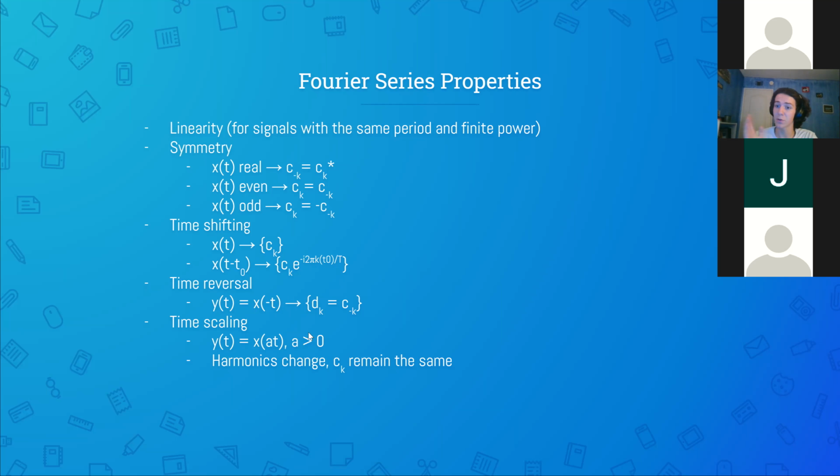you do the same thing, right? You switch the a over to the k, and that increases all your frequencies. Hopefully that makes sense: as you do this time scaling, if a is greater than 1, you squeeze your function together.